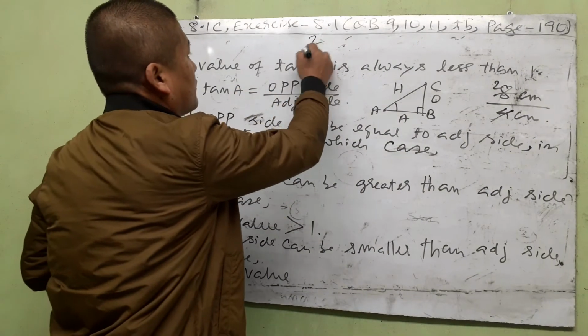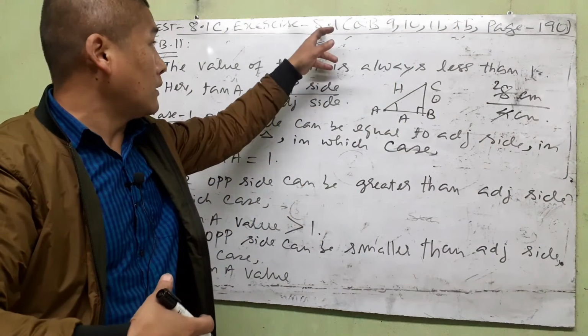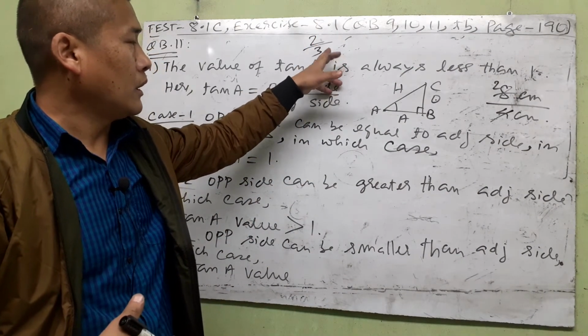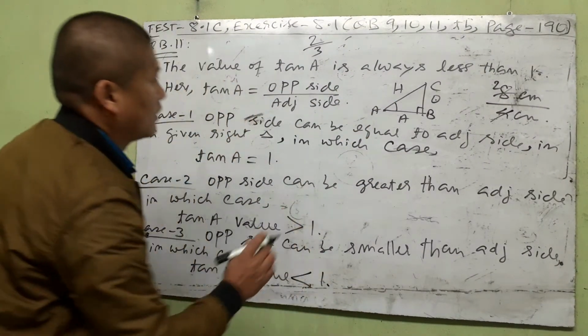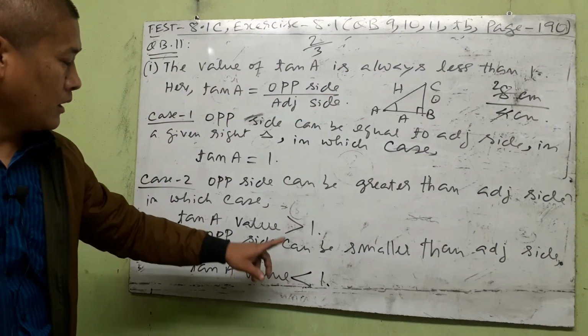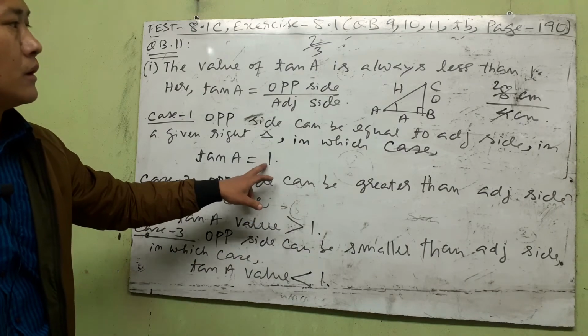If numerator is smaller than denominator, the value is always smaller than 1. So tan A value will be less than 1. But tan A value is always less than 1? Sometimes it's less than 1, but that's not true. Tan A value can also be greater than 1, can be equal to 1.